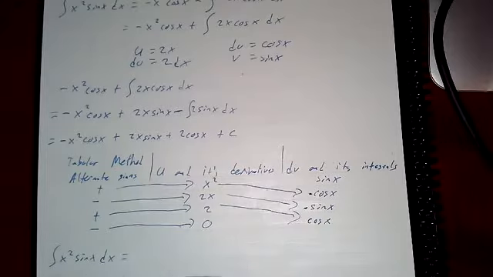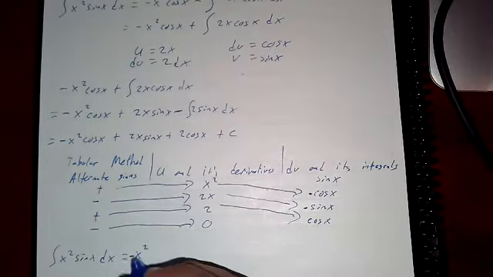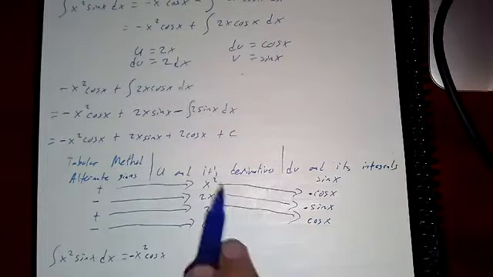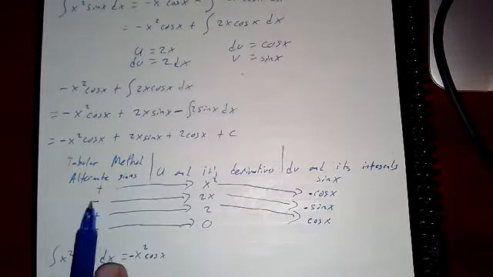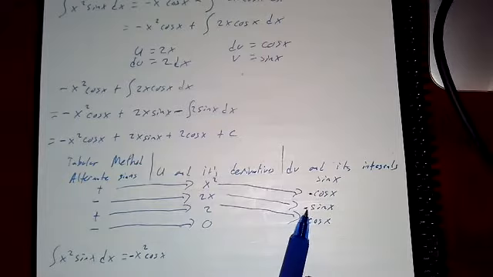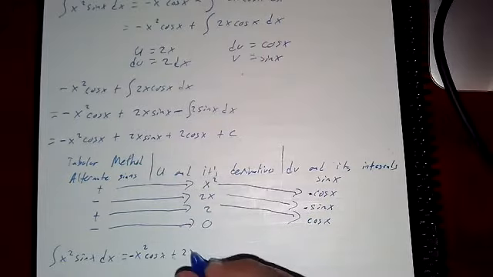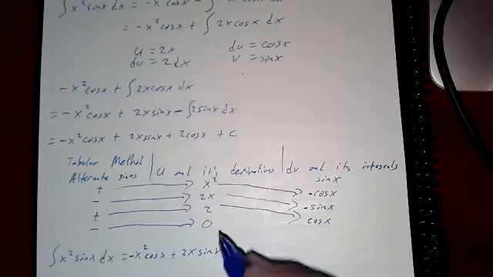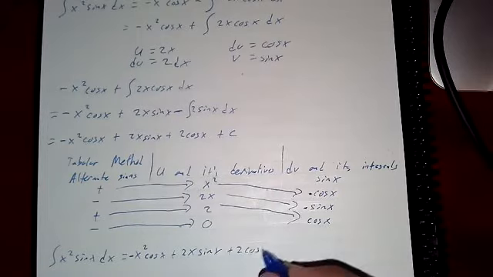So the answer to the original question using the tabular method is going to be this first one, x squared times negative cosine, so negative x squared cosine x, minus 2x times negative sine, so that would be plus 2x sine x, plus 2 times cosine x. Now I'm done.